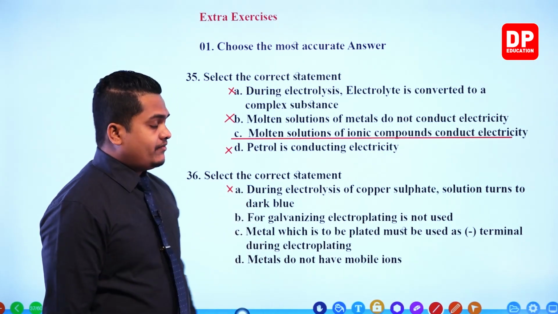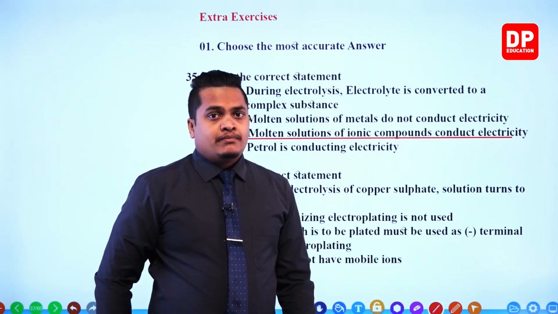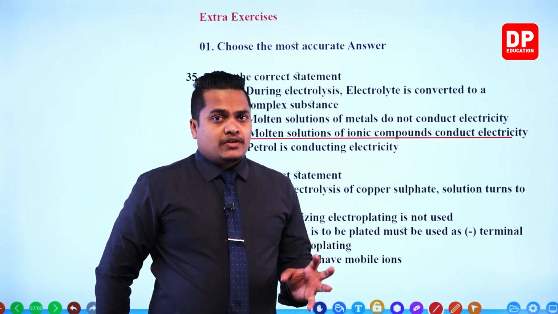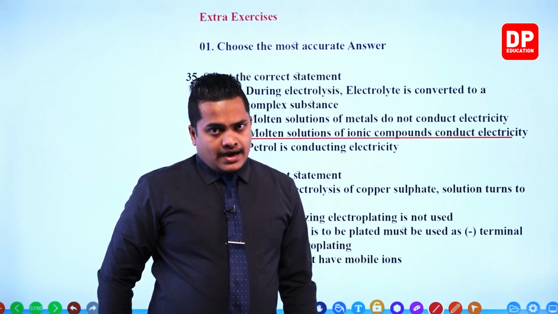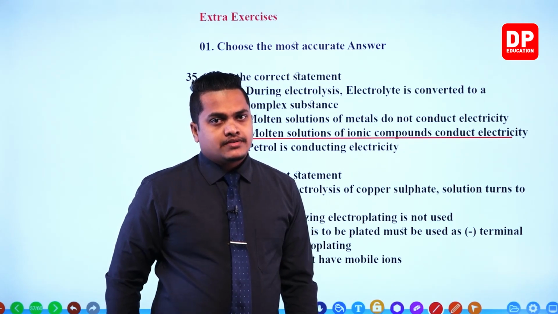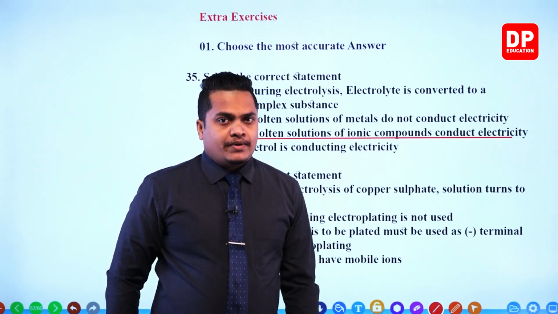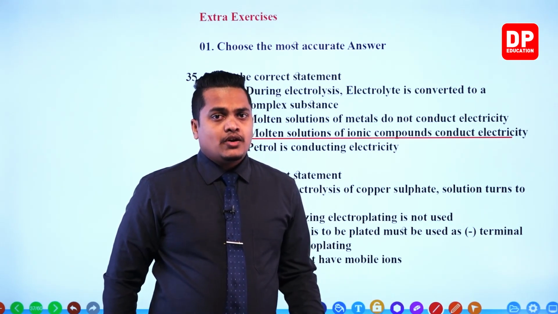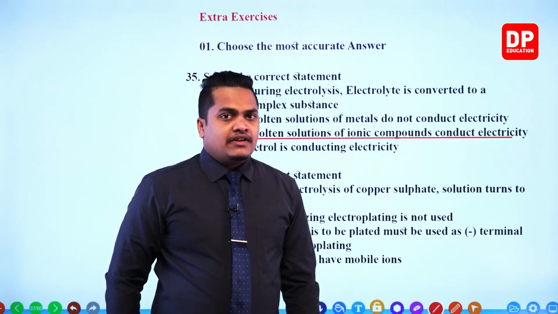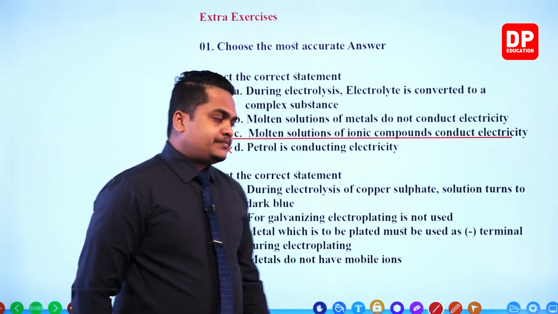Actually, it is getting converted into a light blue solution because of the reduction of copper ions. Because of the reduction of copper ions, the color of the copper sulfate solution is reduced, and with time it will take a light blue color.